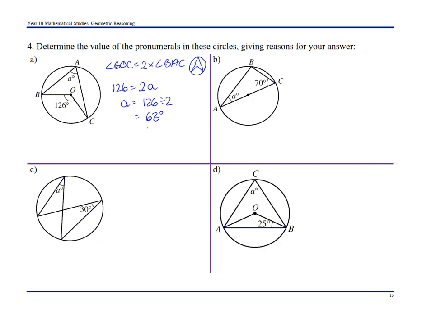In the next one, there's my center, my O. So that means angle ABC has to equal a half angle AOC, which has to be 90 degrees. Okay, so I know that that's 90 degrees.